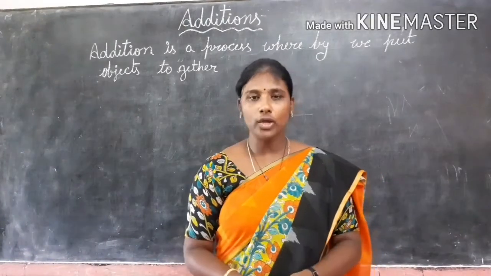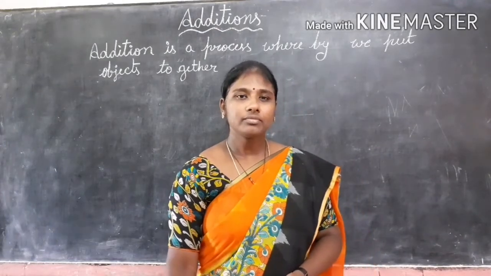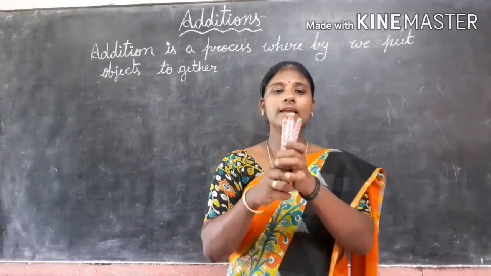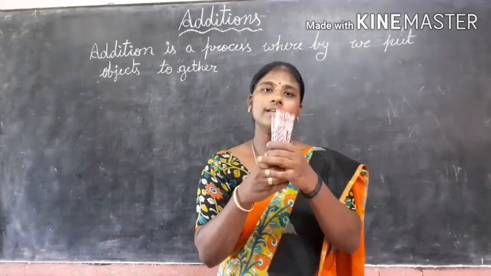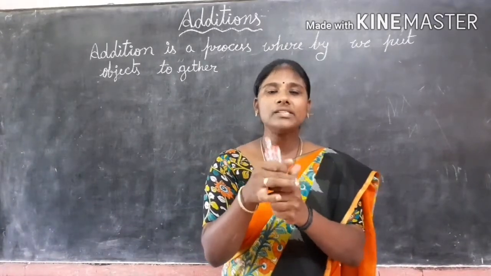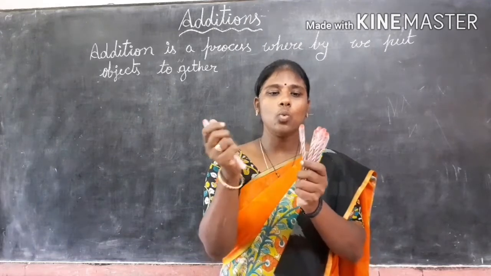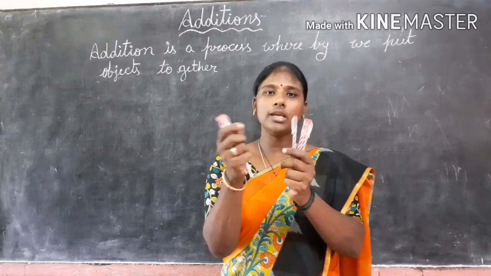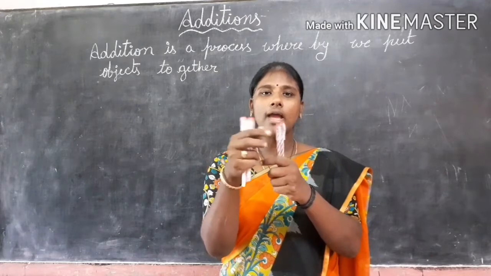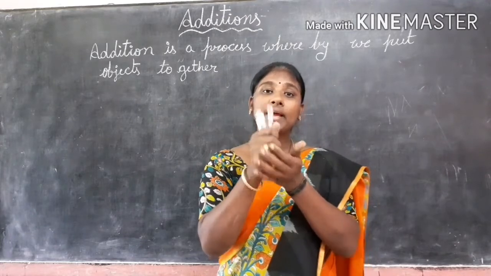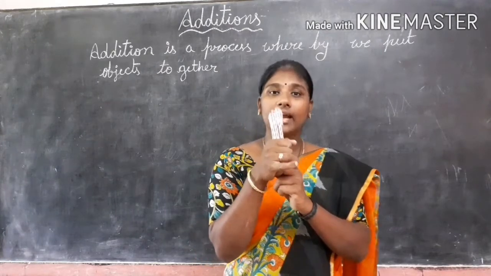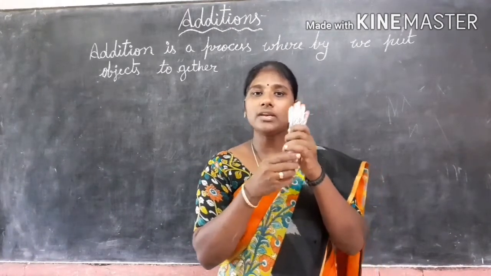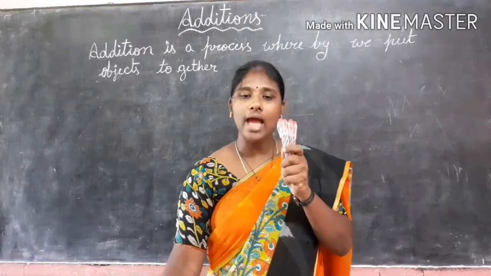Okay children? Next. Now see, in my hand, how many pens are there? These are also red only. 1, 2, 3, 4, 5, 6, 7 pens are there. 7 red pens are there in my hand.